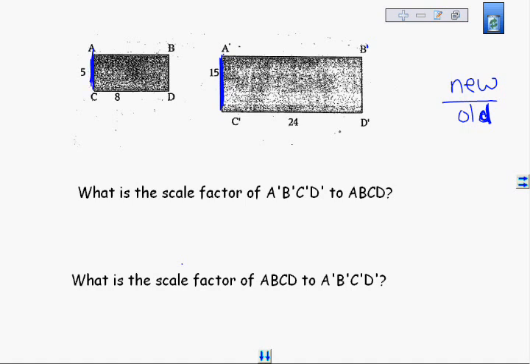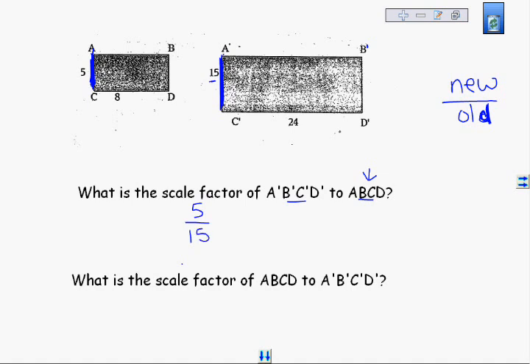This is AC. They correspond to one another. You put the new over the old. Well, if we went from this to this, then A'B'C'D' is our new image. That's this figure. So put 5 over 15, new over old.